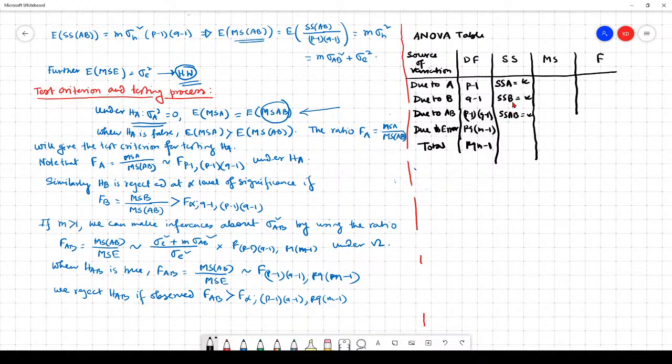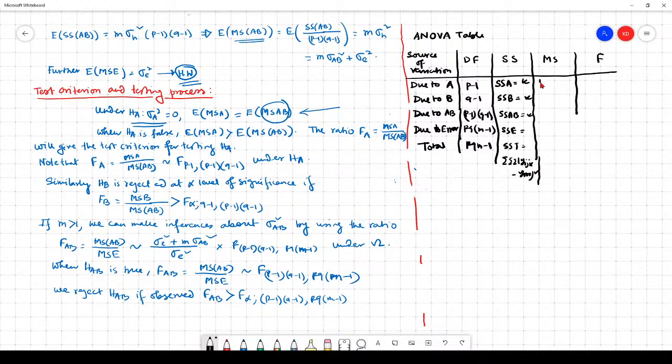Similarly, write all expressions, that is SSB, SSAB, SSE, and SST, which should be the triple summation of yijk minus y not bar whole square.